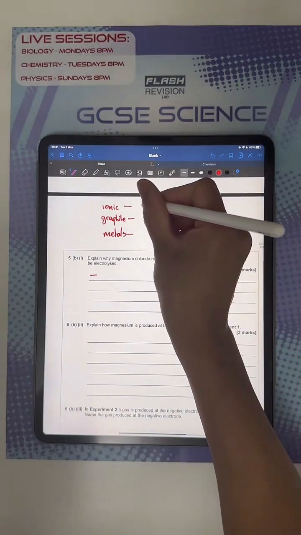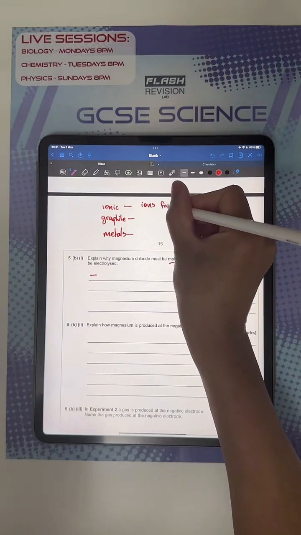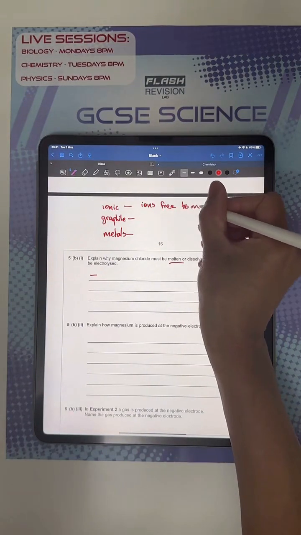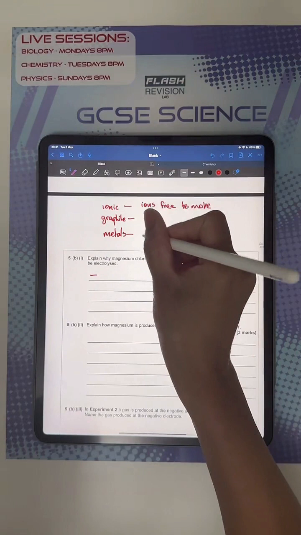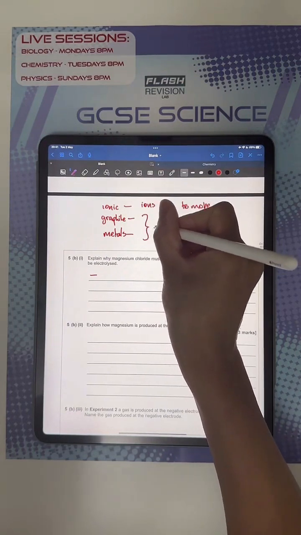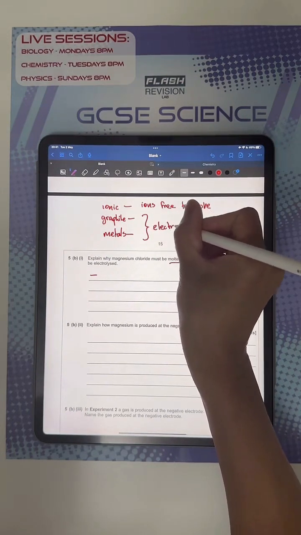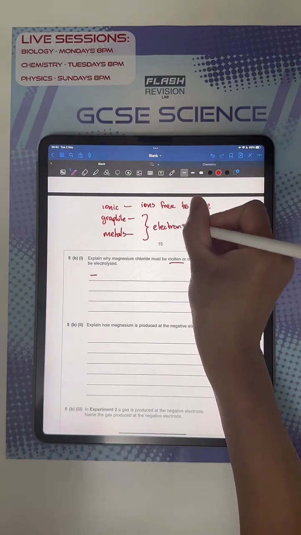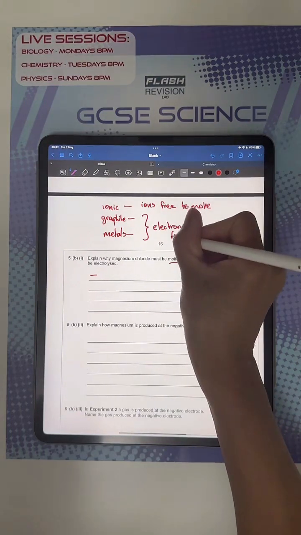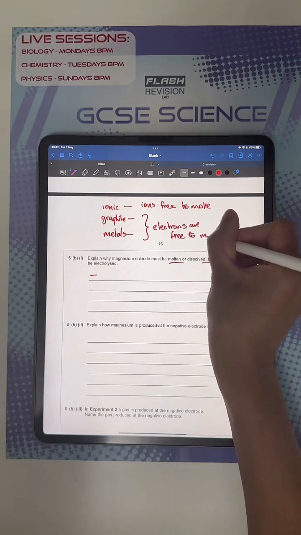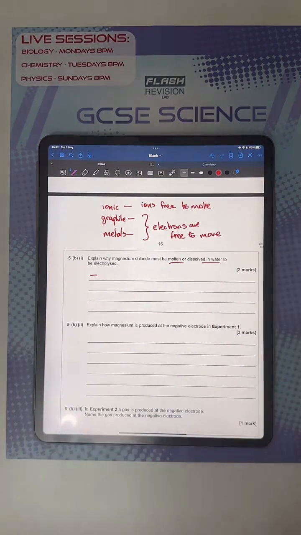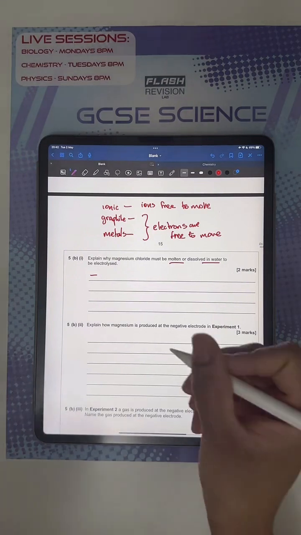It's because ions are free to move. Graphite and metals, these ones are because electrons are free to move. They have delocalized electrons. So don't get the 2 confused. You don't really say delocalized ions, you just say free moving ions.